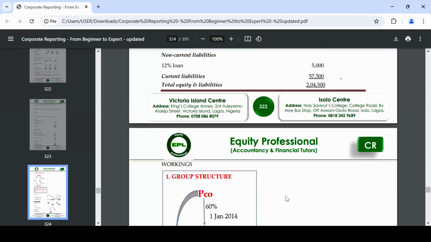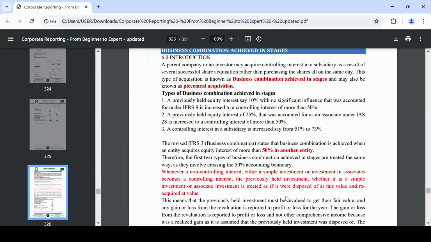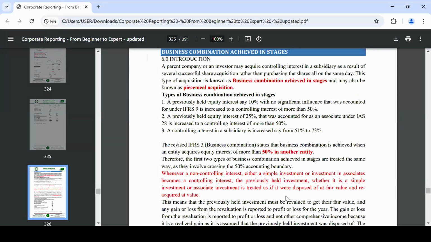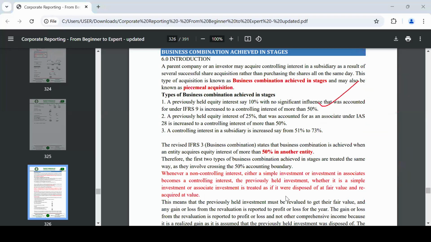You see, we could have had a simple investment. There are 3 scenarios here. A simple investment to parent, equity investment to becoming parent. But what if we are already a parent? We had already achieved controlling interest when we had 51%.